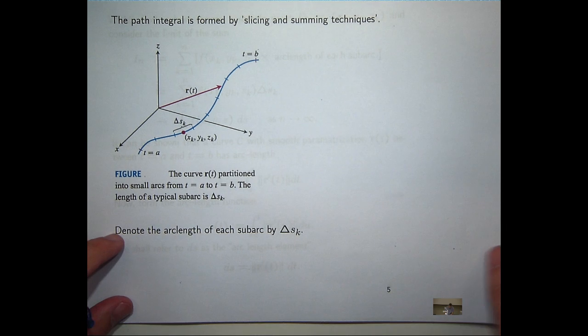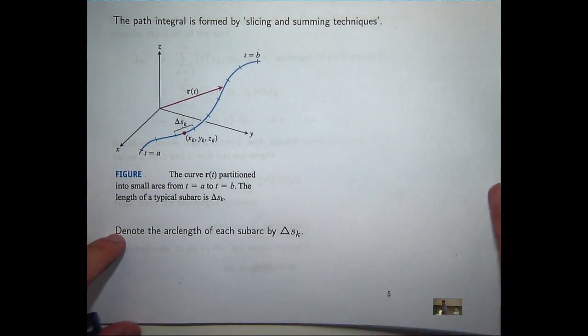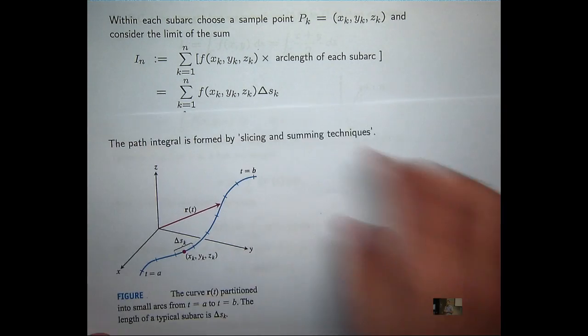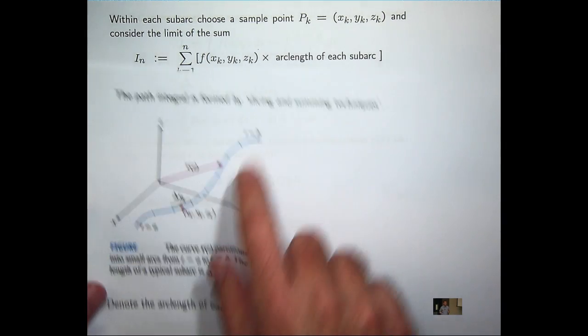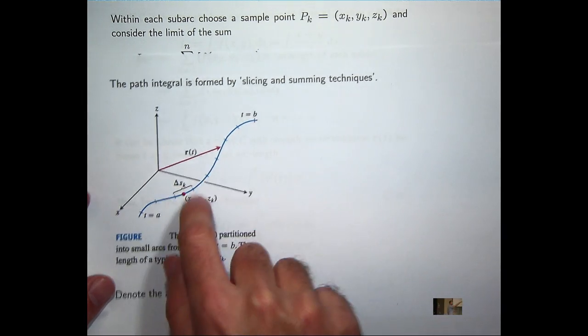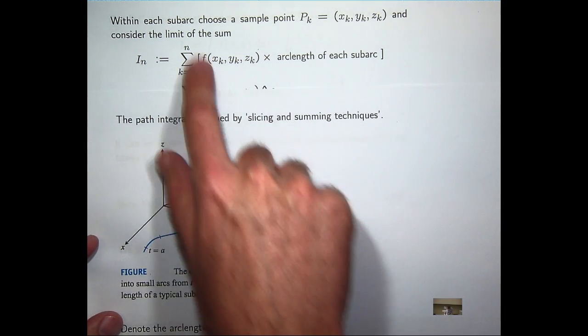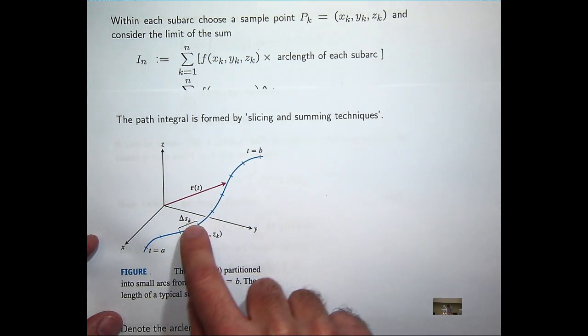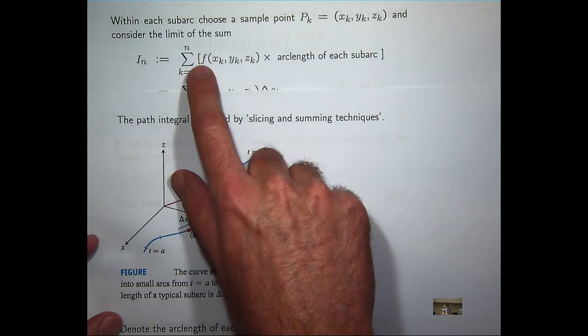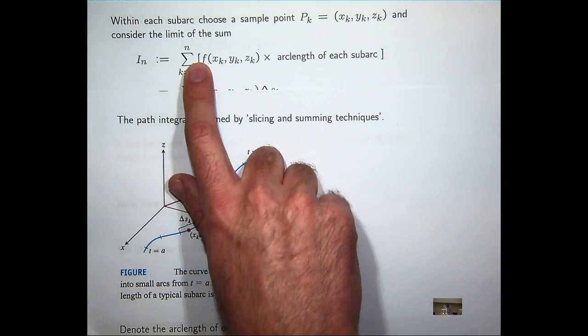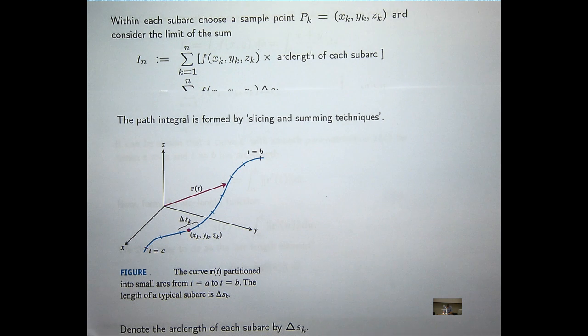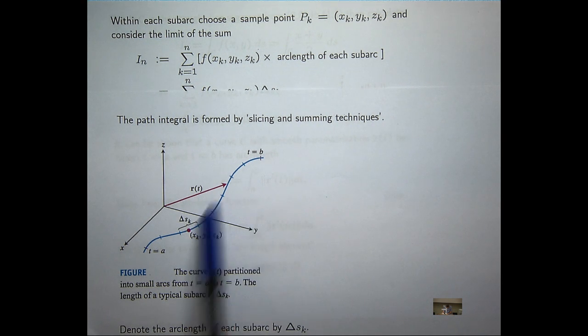All right. So what I do is choose a sample point in each sub-arc. I multiply the value of f by the length of each sub-arc, and then I sum them up. If you want some sort of physical interpretation of what's going on here, think of the blue line as a wire and f as a density function.